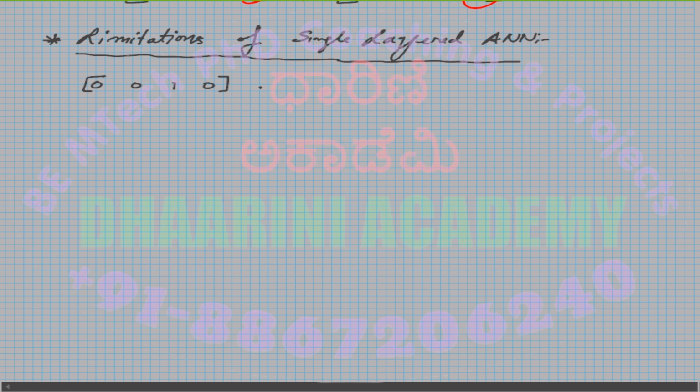So this is one data and this is the other data. 0 1 1 1, and I use the third data like this: 1 1 1 0, and let the fourth data be 1 0 1 1.